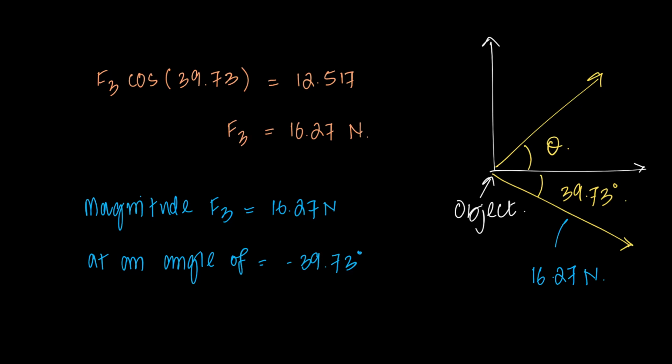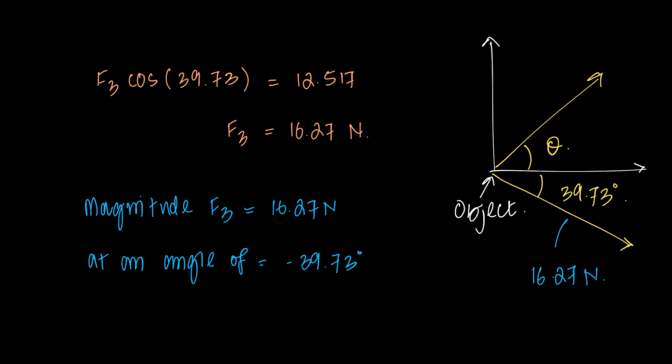Maybe if you don't want to say negative, somewhere you'll say 39.73 clockwise or something like that, just to refer that it's actually away from the horizontal. It's like down, you're measuring downwards from it, right? If you see this answer somewhere else.